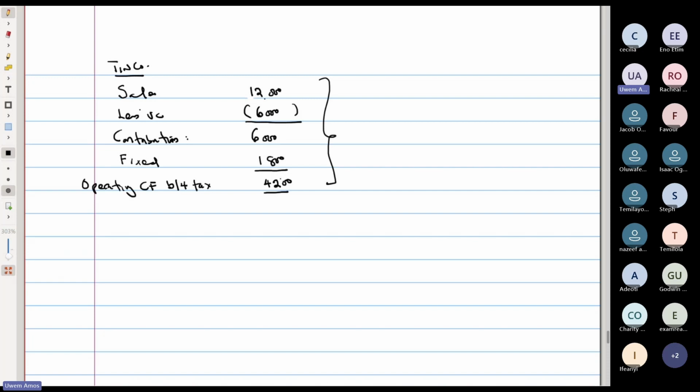Now, if the cash flow you are given in the question is money or nominal, both refer to the same thing, we would discount it using a money or nominal rate of return.